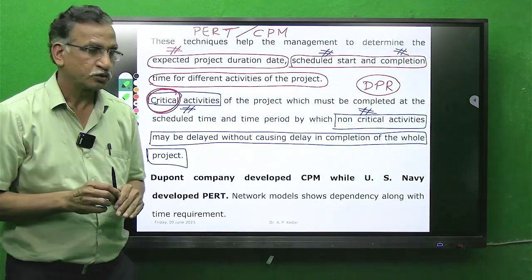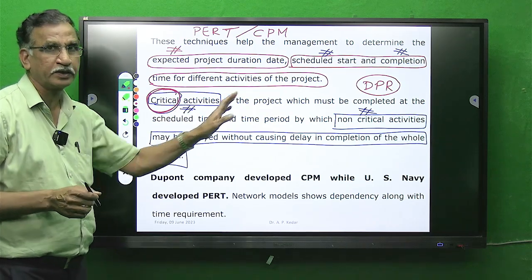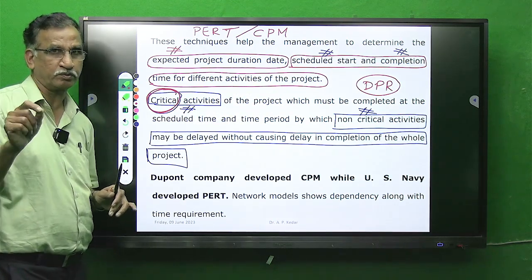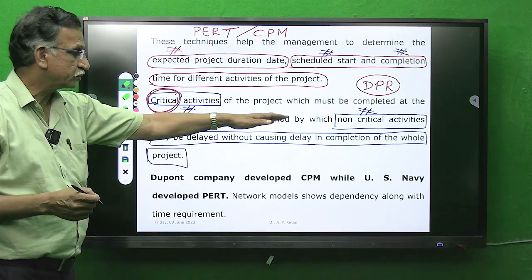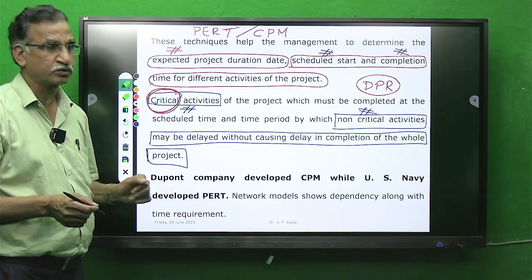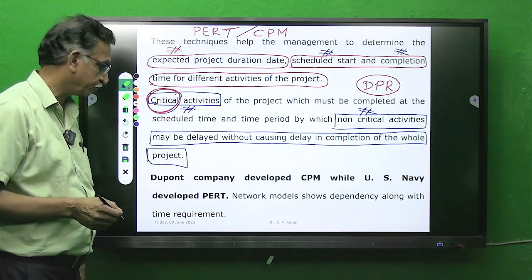Got it? So the important terms are critical activity and non-critical activity. Critical activity needs a lot of attention from the management, whereas non-critical activities may be delayed depending on the situation. That we'll see through an example.